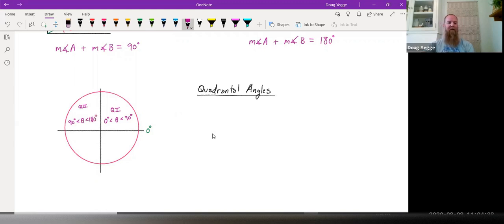But notice that you could also have angles that extend down into quadrant 3 and into quadrant 4. And when you look at both of these quadrants, these are going to obviously be the angles that are between 180 degrees and 270 degrees. And this one down here will obviously be everything between 270 degrees and 360 degrees.